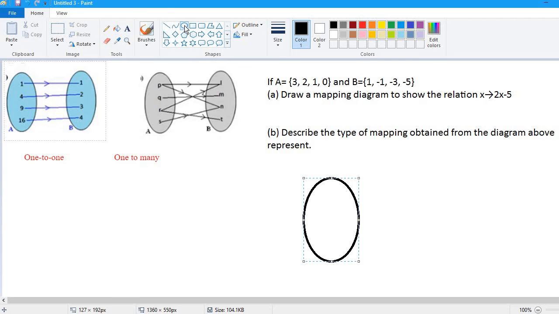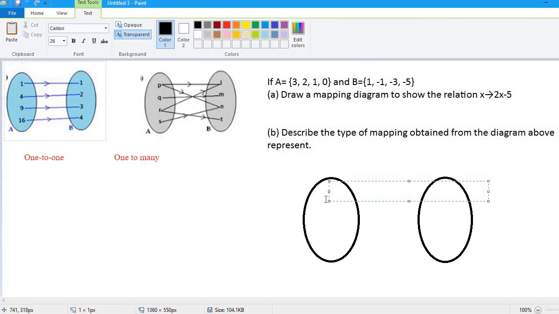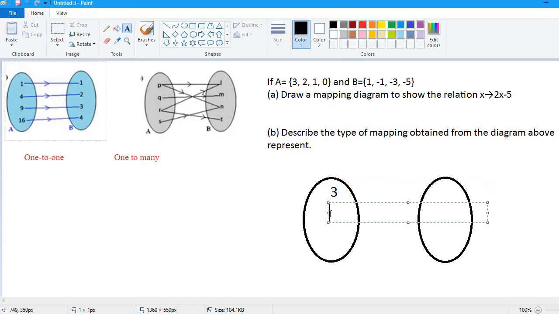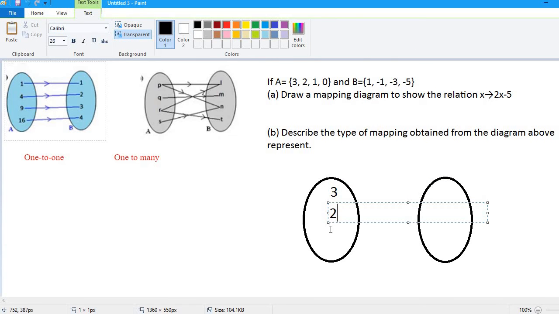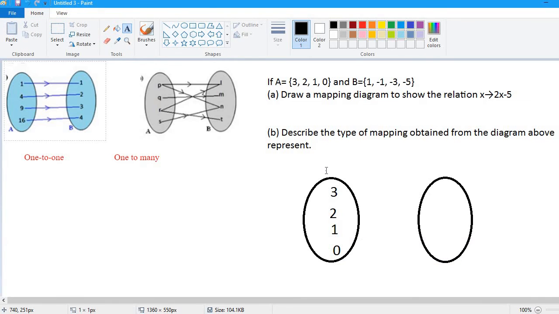All right, that's our domain circle. And here we have our range circle. Let's go ahead and fill out our domain circle. So we have 3, 2, 1, and 0. All right, so that is our domain.